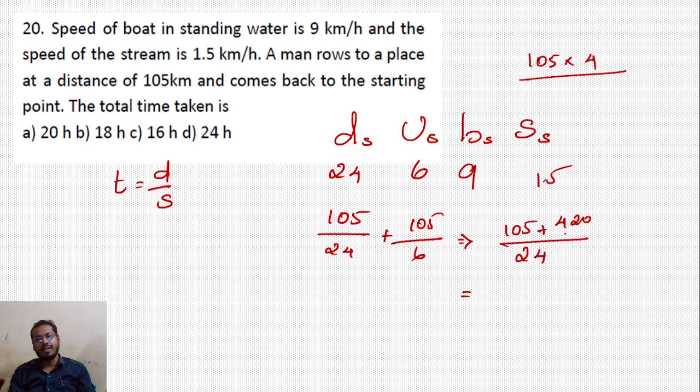So 420 plus 105 is 525. 525 divided by 24. So what will be the answer? Just check.